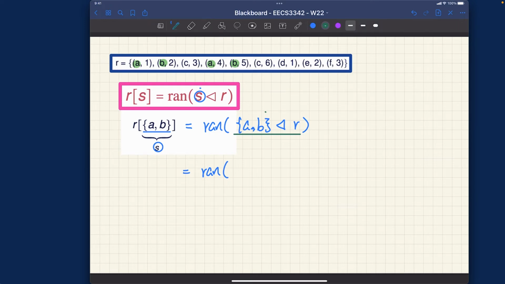So all we got is we're going to collect all these pairs over here, and we're going to get the domain restriction, which will be just another set of pairs, just another relation. It's going to be A1 and B2 and A4 and also B5 over here, right?